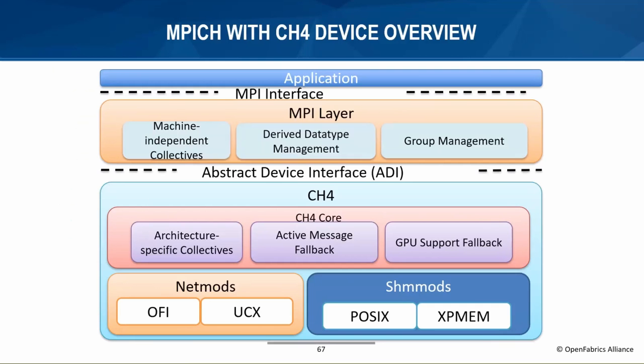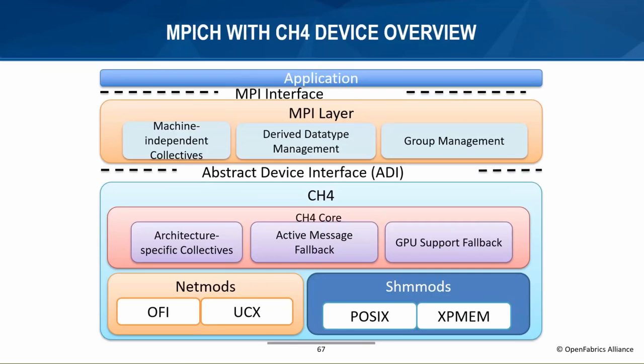So this is an overview of the present-day MPICH architecture. On top, we have the MPI layer, which provides the interface that the MPI standard specifies. We have the collective support, the data types and all that stuff. All the heavy lifting happens below this abstract device interface, in the CH4 device.